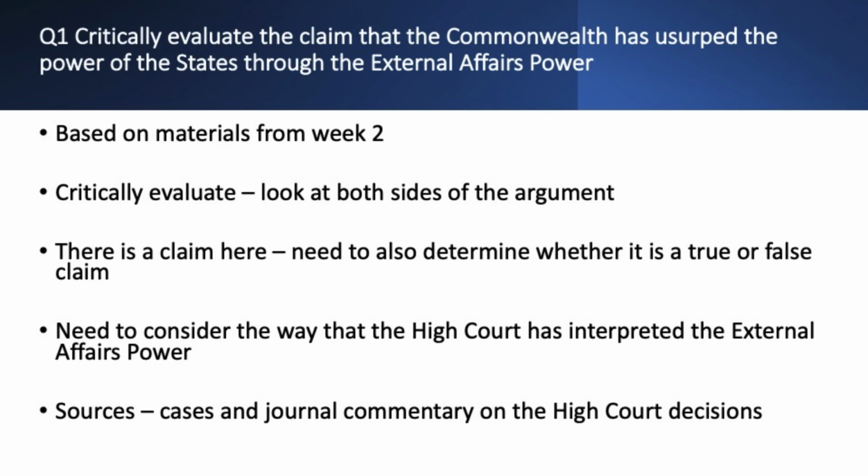You then also need to go on and explain that under Section 109 of the Constitution, where there is a conflict between state legislation and federal legislation on a matter that is a concurrent power, then the Commonwealth shall prevail to the extent of the inconsistency. So that means, of course, that if a liberal interpretation of the external affairs power is taken, that means that ultimately the state loses power, because where they're inconsistent, the state legislation gives way to the Commonwealth.